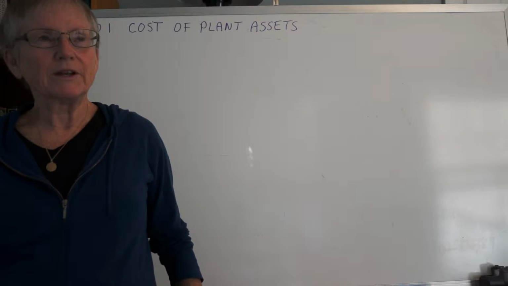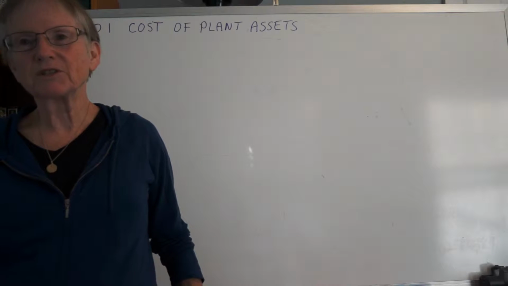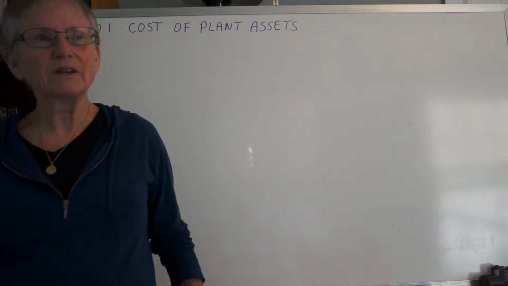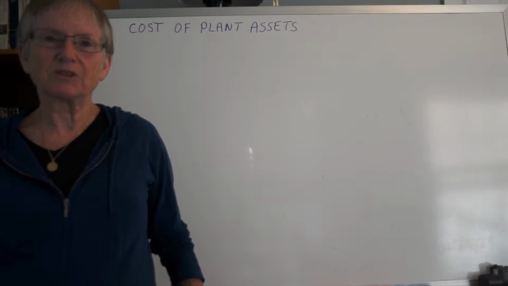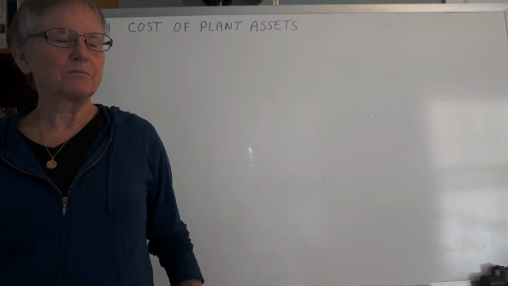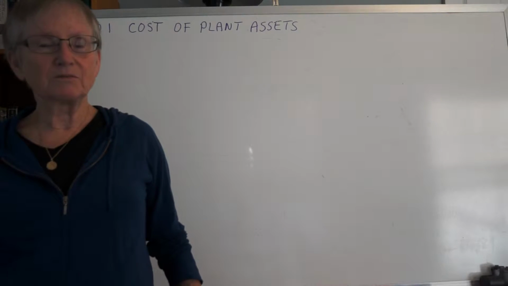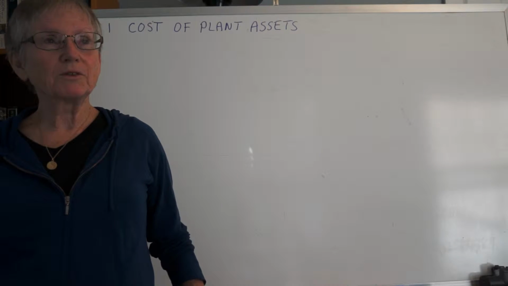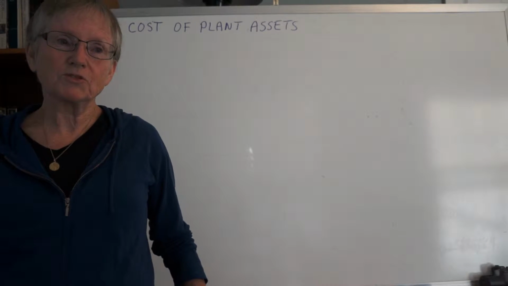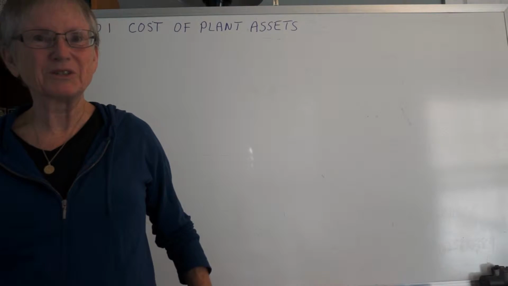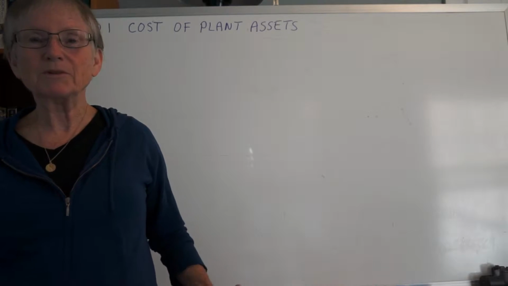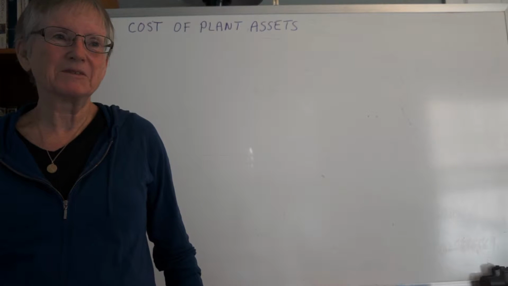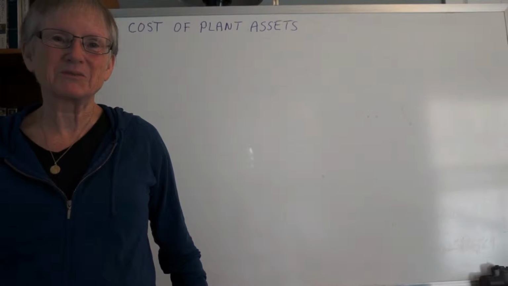If you have an idle building or idle machinery, idle equipment that you're not using, that would have to be classified as other assets. When users of financial statements look at property, plant, and equipment, they're trying to determine how much you're putting into plant and equipment to generate whatever you're doing as a business.